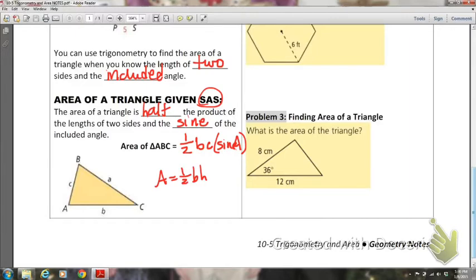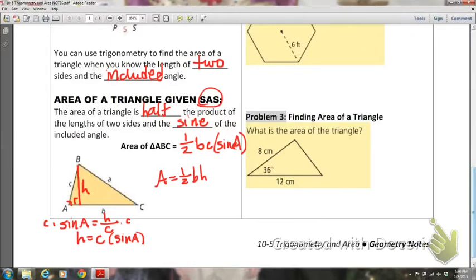But if you look at this triangle, the height is going to be from the perspective of angle A. The sine of angle A is opposite over hypotenuse, which is that height over side C. So if we multiply both sides by C, then the height is going to be C times the sine of angle A.